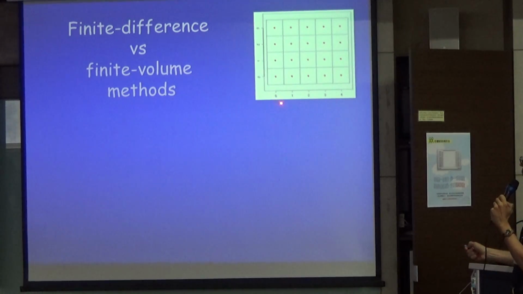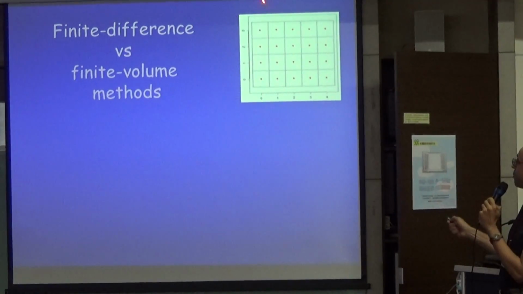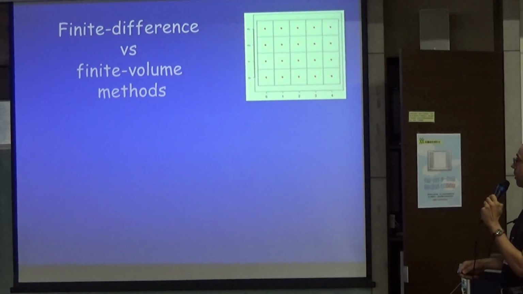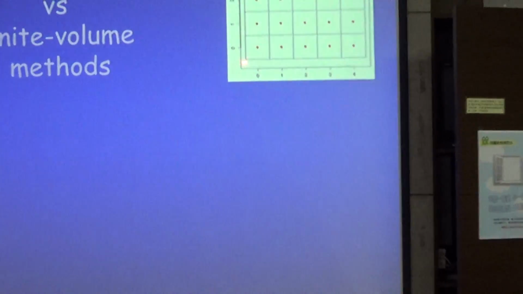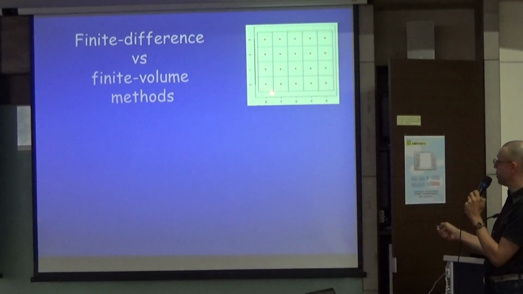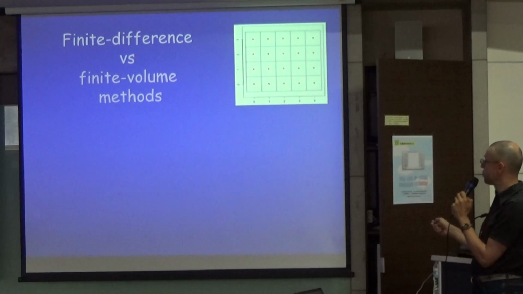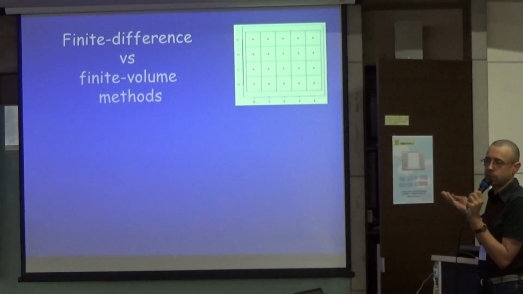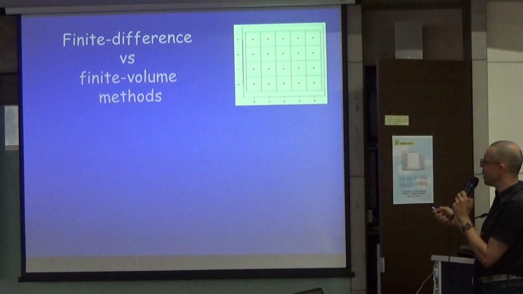If you think that the red points are your grid, now forget the lines for a while, you just say, I know the pressure at this point, at this point, at this point, and so on. I don't know what's in between, but that's the discretization. This is time 0, and this is a slightly different time.